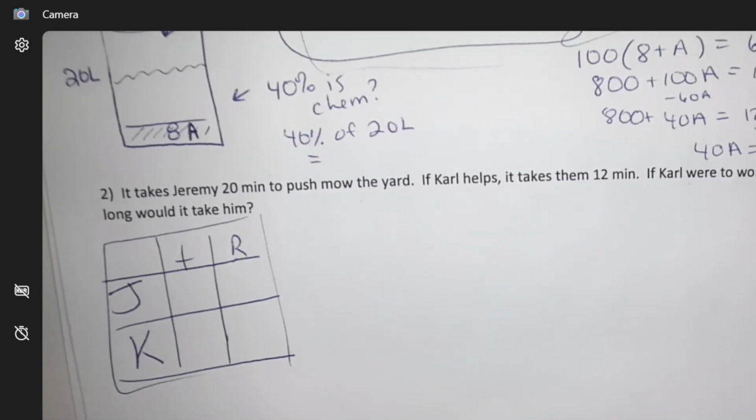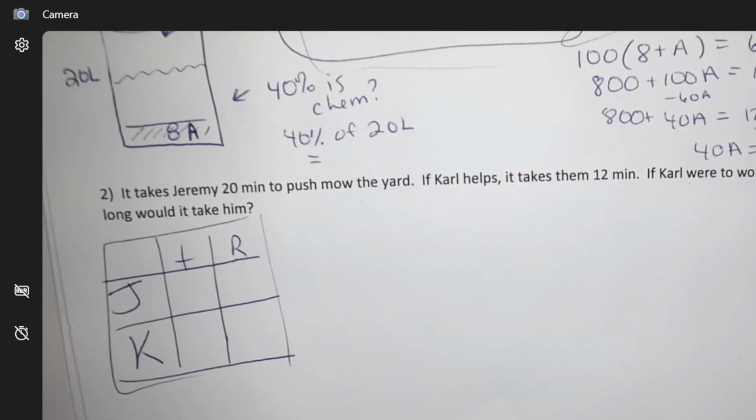Okay, so what is the difference between a time and a rate? A time is just how much time has elapsed that you've been working for. And a rate is a specific amount of time what it takes for you to do the whole job.